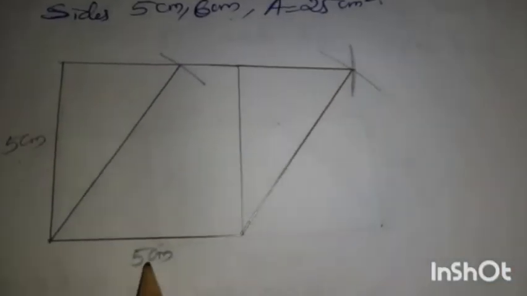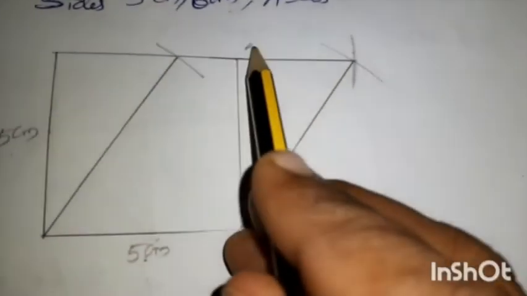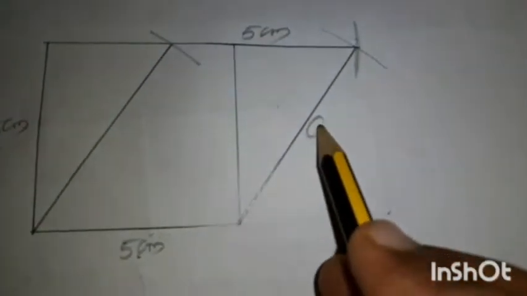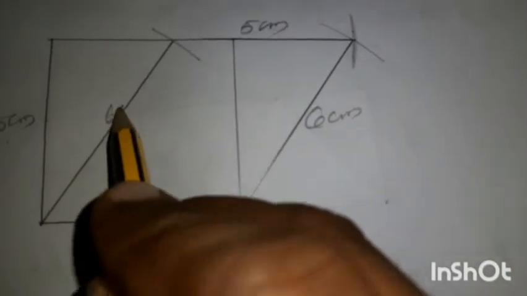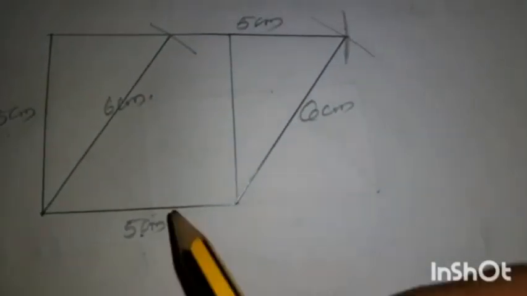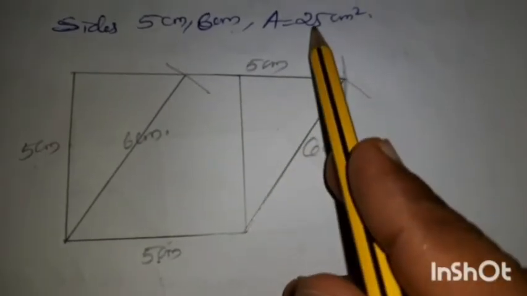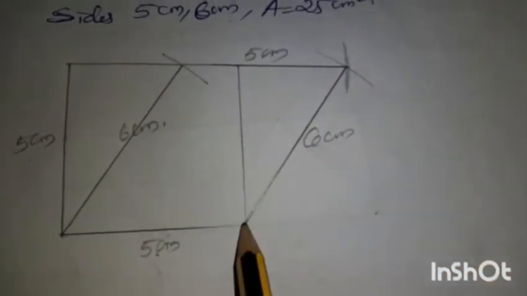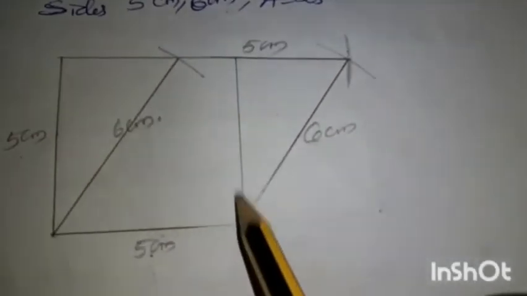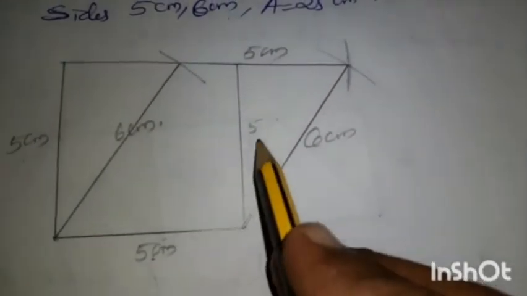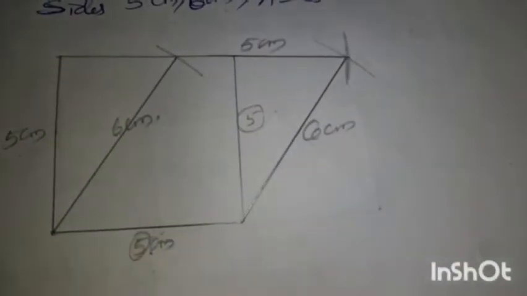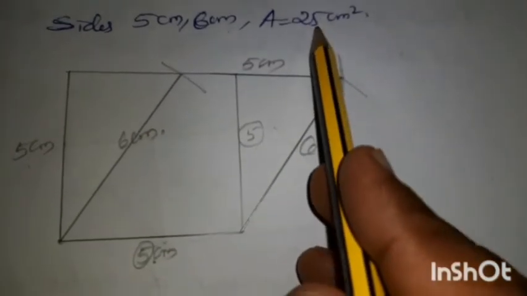So I got a parallelogram of 5 centimeter and 6 centimeter sides with the area of 25. How are you getting 25? Bottom end 5 centimeter and the height 5 centimeter, the same 5 here. If you multiply these two, we will get the area of 25.